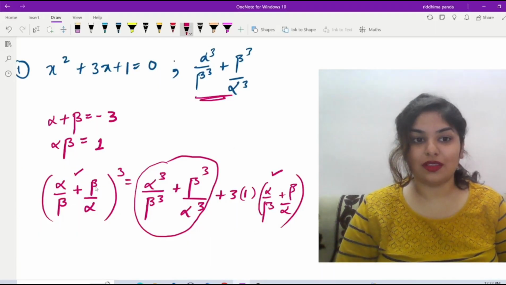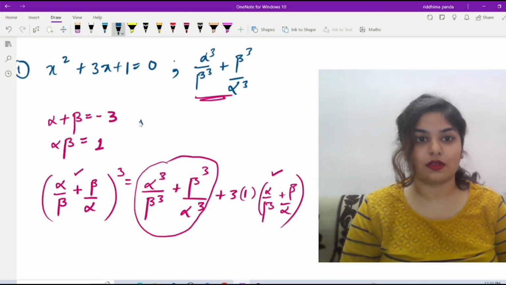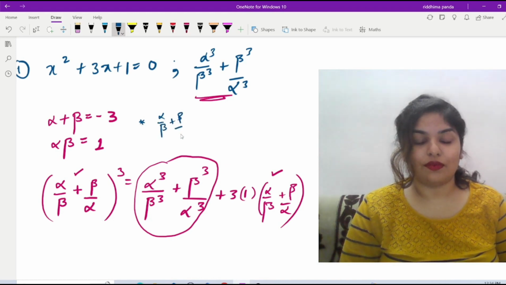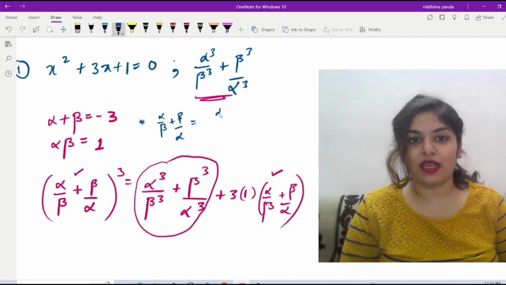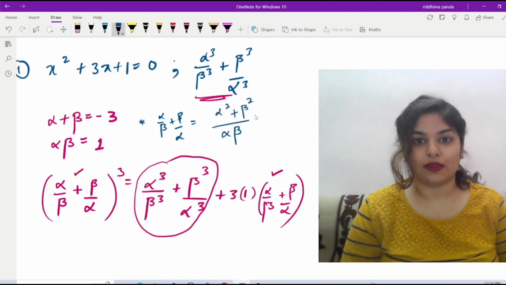So in order to find out this summation of the roots, we can proceed the following way. We have to find out alpha by beta plus beta by alpha is equal to how much? If we go for the LCM, we have alpha square plus beta square by alpha into beta, okay?